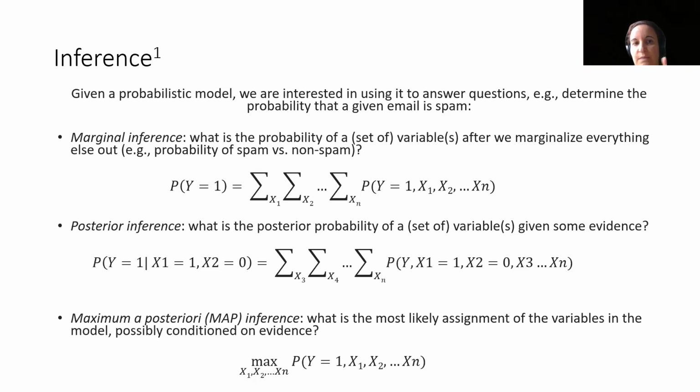The first one is what we call marginal inference, which is to find the probability of a subset of the variables when we marginalize everything else. For example, in our case, it could be the marginal probability of the email being spam.